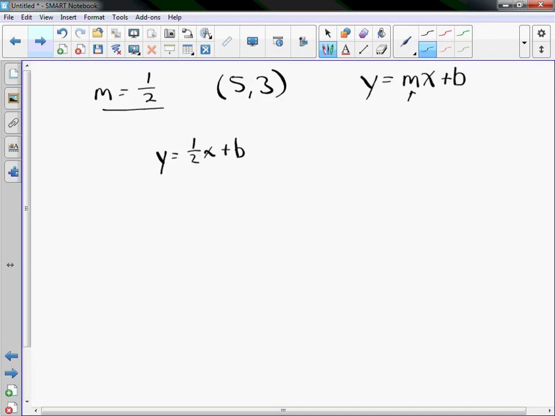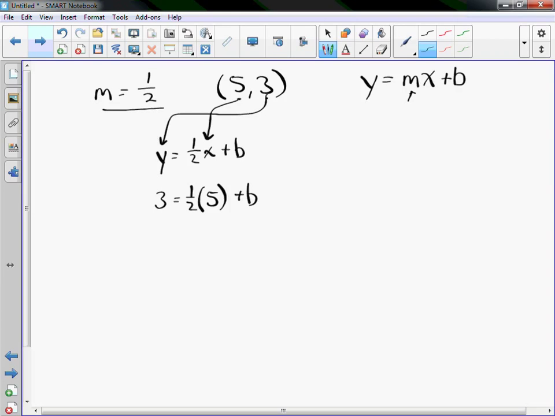Well, I don't have b, but I do have an x and I do have a y. So I'm going to take the x value and plug it in where x is, and take the y value and plug that in where y is. So I end up with 3 equals 1/2 parentheses 5 plus b. And now I just need to solve for b.